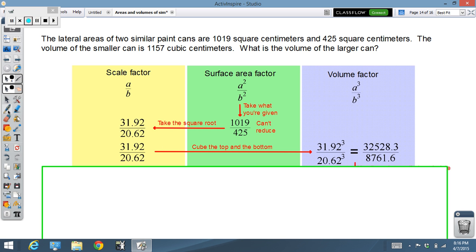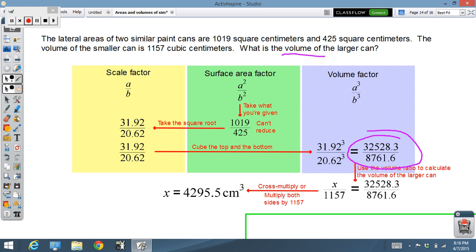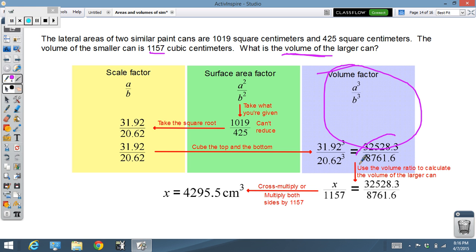Since the question is asking for a volume, this is what I need to use, the cubed values from A over B. Okay, so using that ratio, that 32,000 over 80, whatever, that's where I'm going to set up my X over the unknown, I'm sorry, my unknown volume of the larger can over the volume of the smaller can. Since they're giving me a volume and asking me for the volume of the larger can, I'm going to set it up this way, making sure that I use the volume ratio from the 3rd column right there.